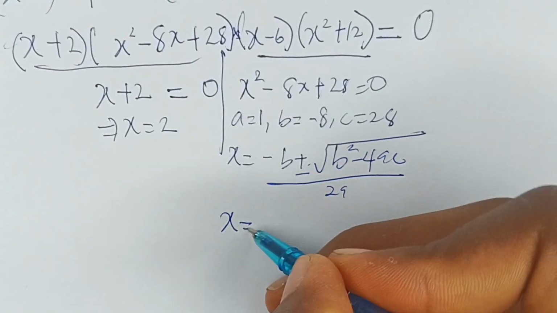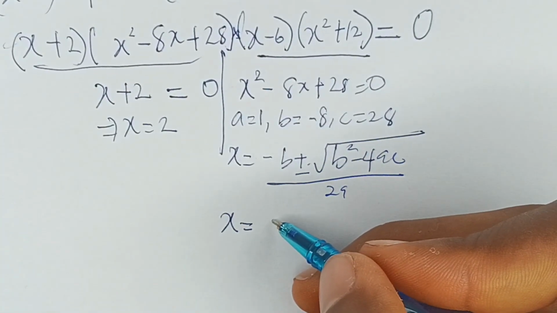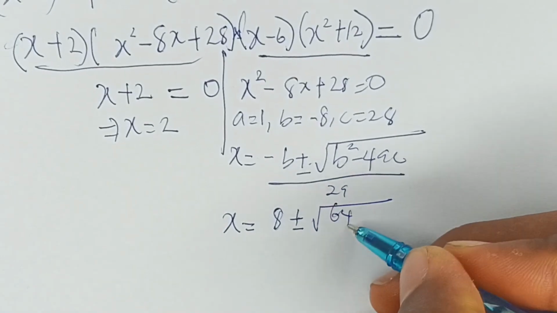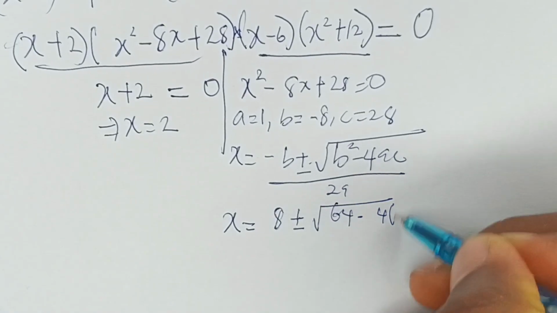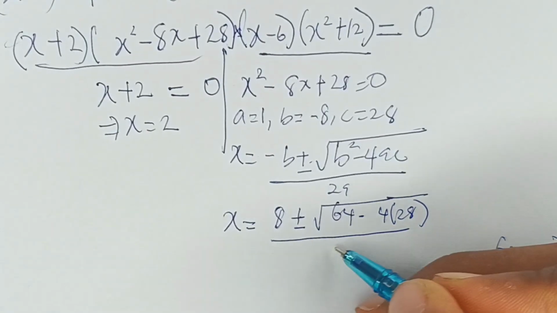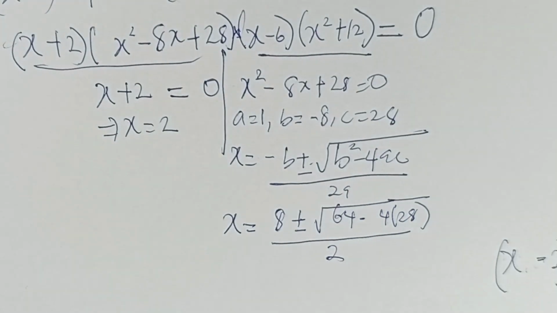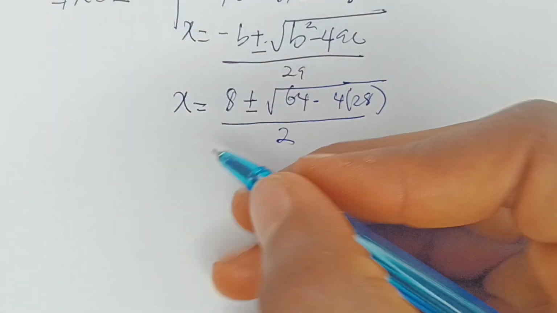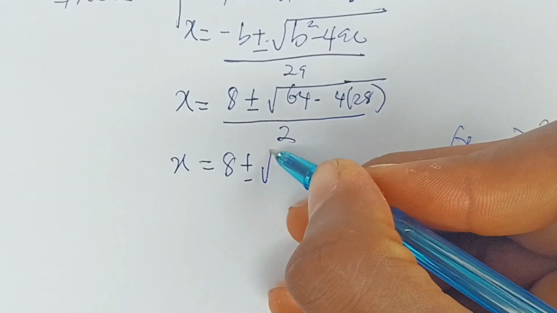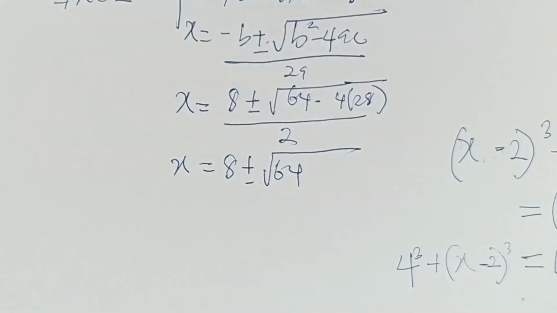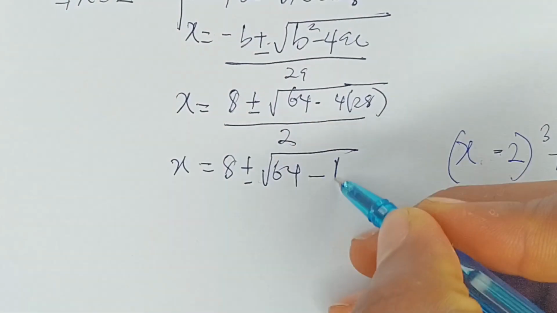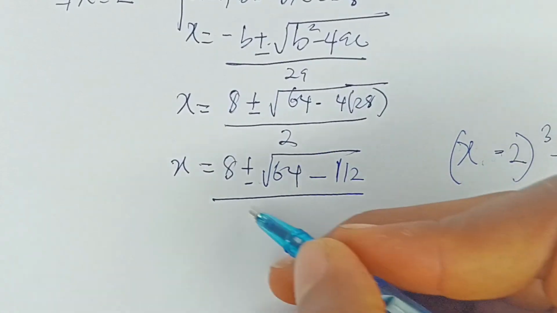Hence x will be equal to (−(−8), which is 8, ± √(64 − 4 × 28 × 1), which is 28) all over 2. Now from here our x becomes equal to (8 ± √(64 − 112)) all over 2.